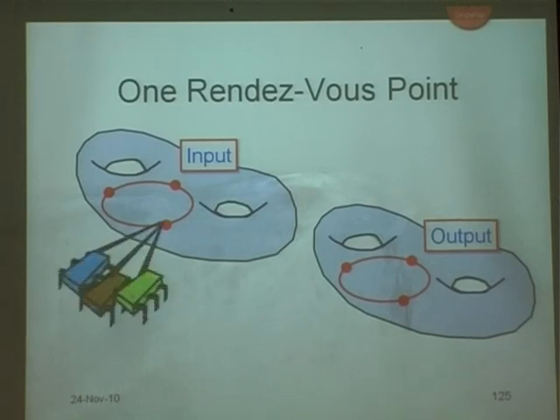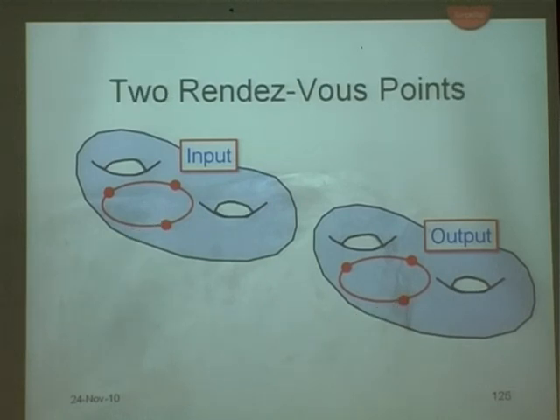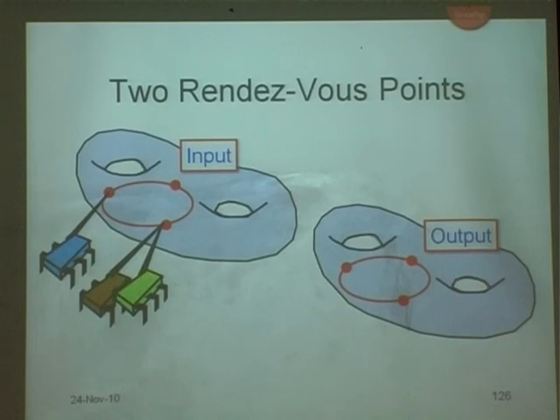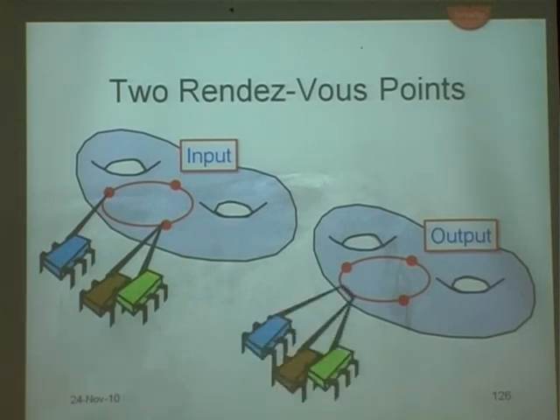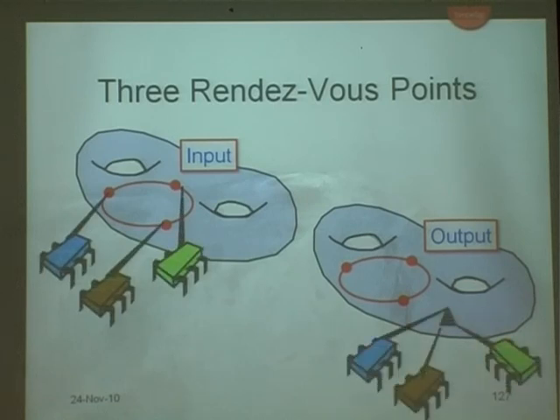Imagine that they all start out with the same rendezvous point as the input. Then they have to stay there. Everyone has to decide that value. If they start out with 2 distinct rendezvous points, then the requirement is that they have to converge on a simplex on the path between those 2 points. If they start out with all 3 values, then they have to converge anywhere on the complex.